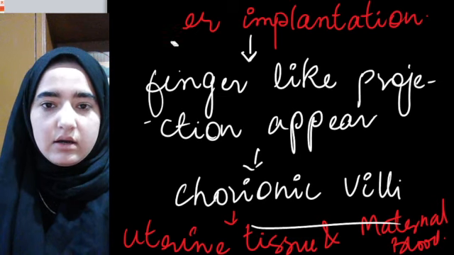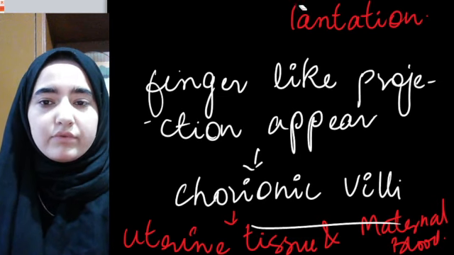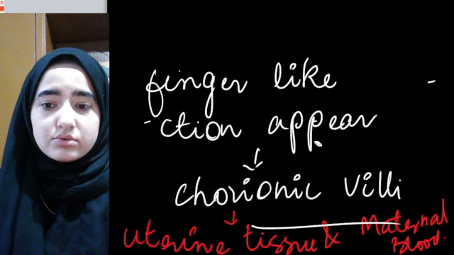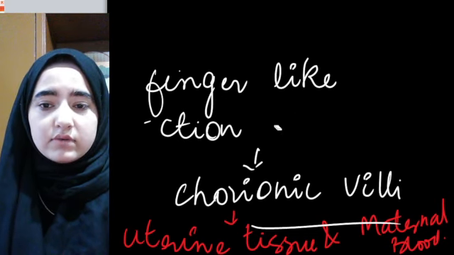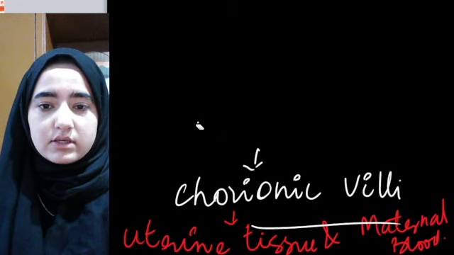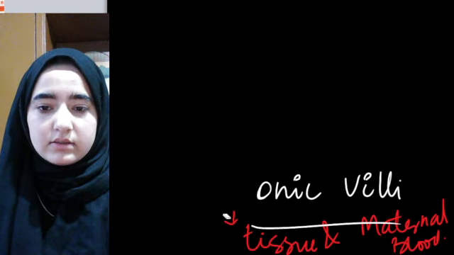Which part of the uterus covers it? It's uterine tissue and maternal blood which covers it. I hope this concept is crystal clear. Let me clear it.